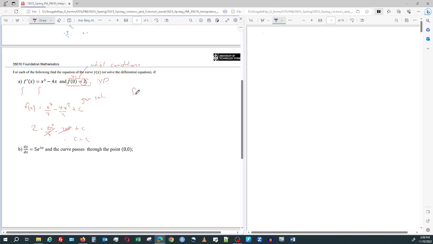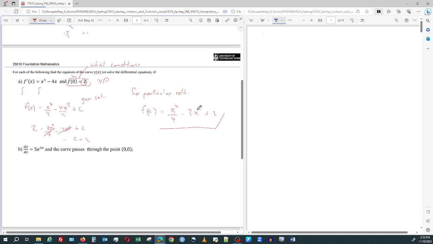So our particular solution, based on the initial value problem, is f of x equals x to the 4 on 4 minus 2x squared plus 2.